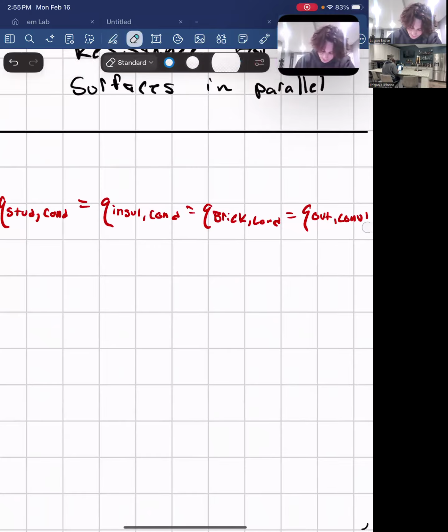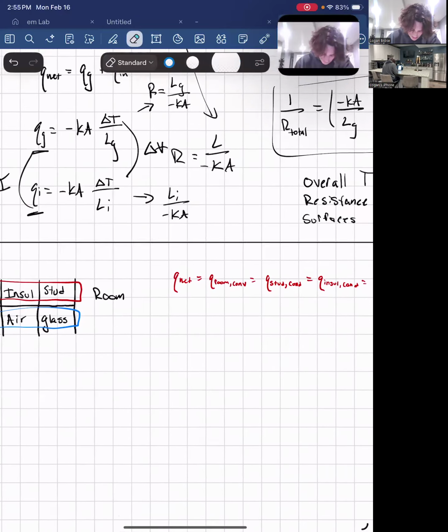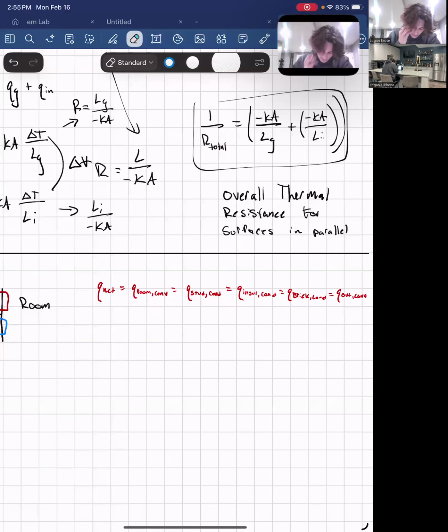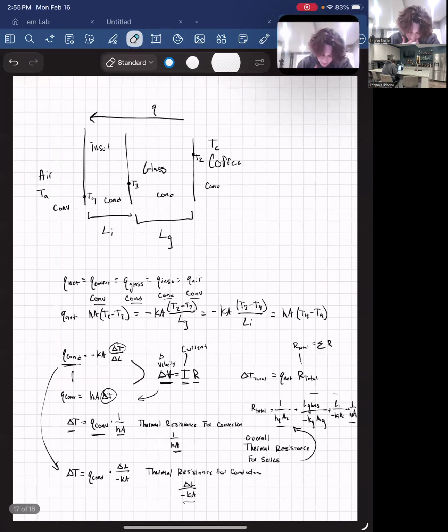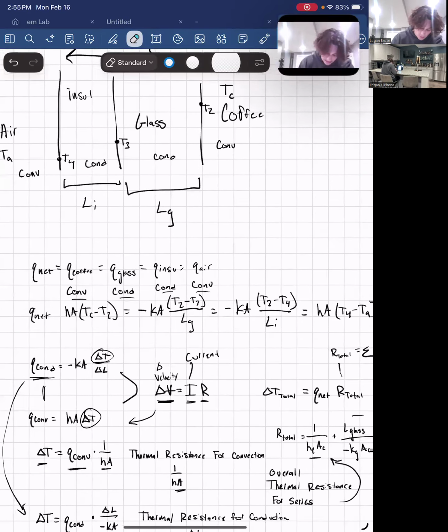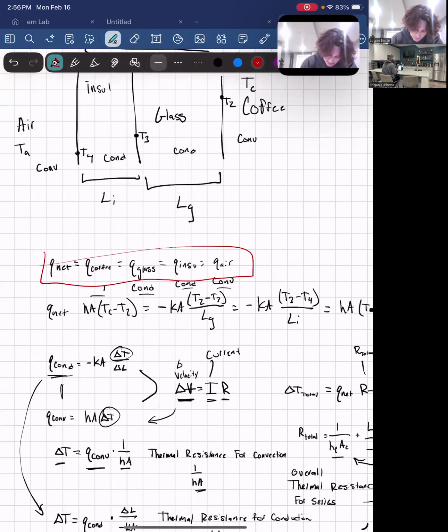When we look at this, it is the same setup that we had when we went through the earlier example. We have our Q net. Our Q net equals our coffee, glass, insulation, air.